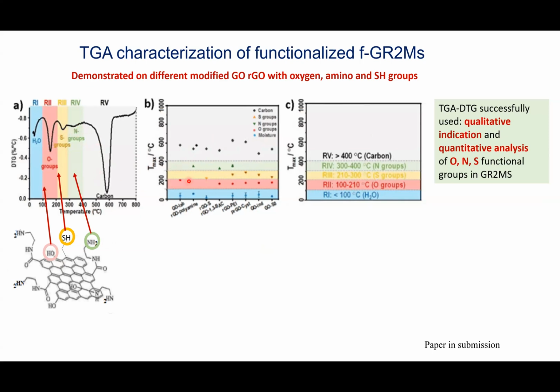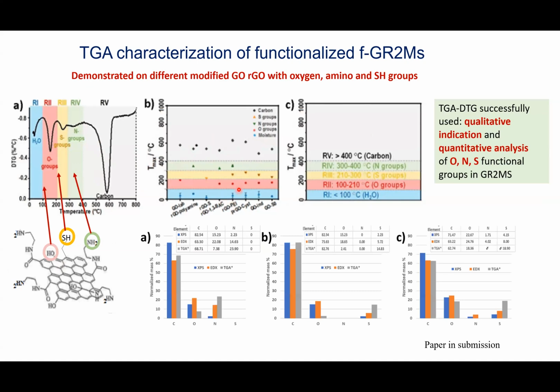And we again show that we can not only detect qualitatively, we can also measure their concentration, which is shown in this table and compared with XPS and EDX. Again, showing the great potential of this very simple method.